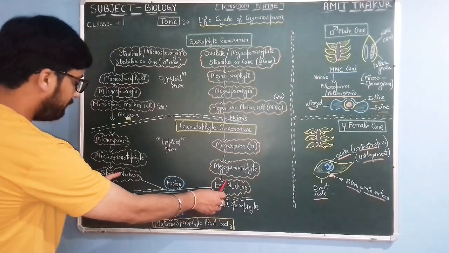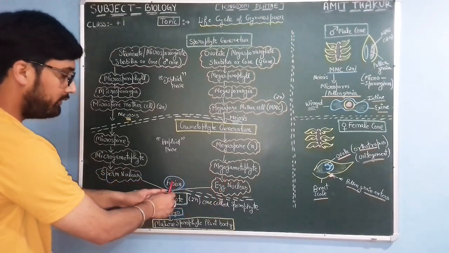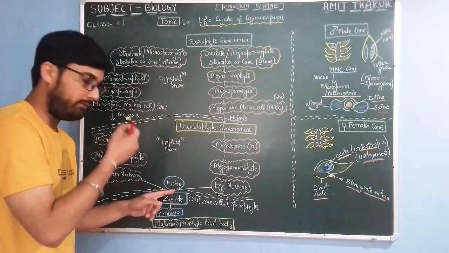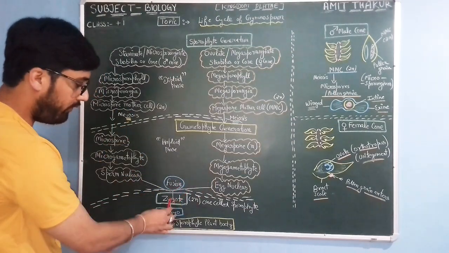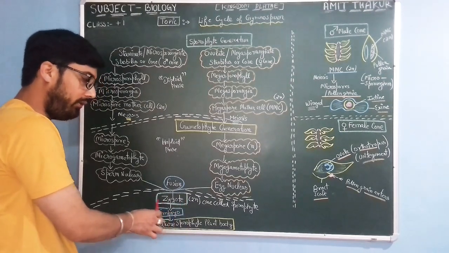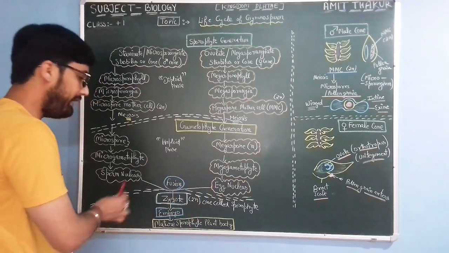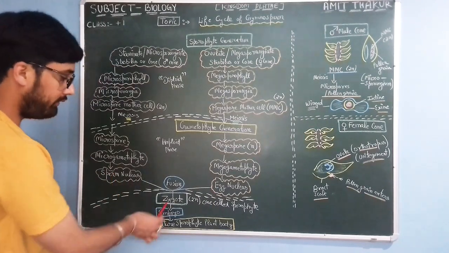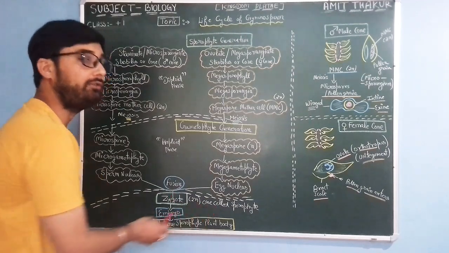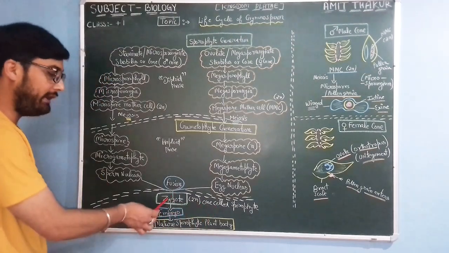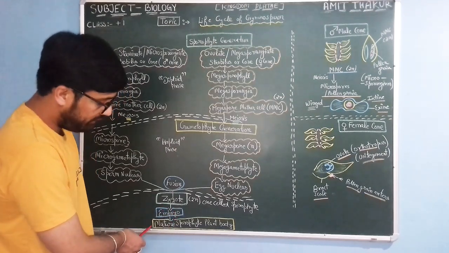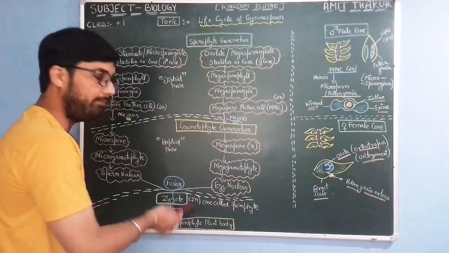Then both of these male and female gametes fuse through the process of fertilization and form a diploid zygote, also known as the one-celled sporophyte. This zygote then changes into an embryo, and this embryo changes into the mature sporophyte plant body.